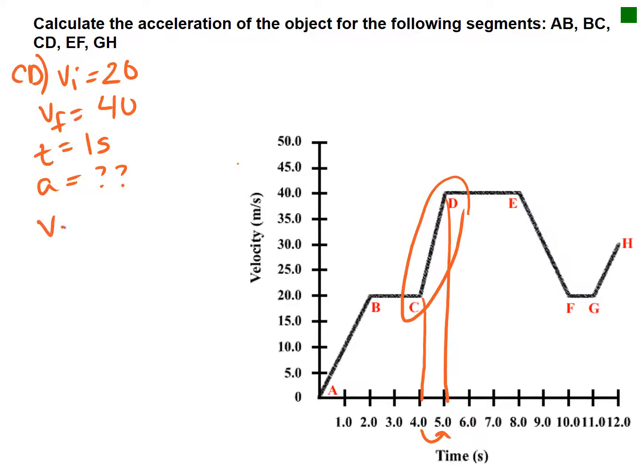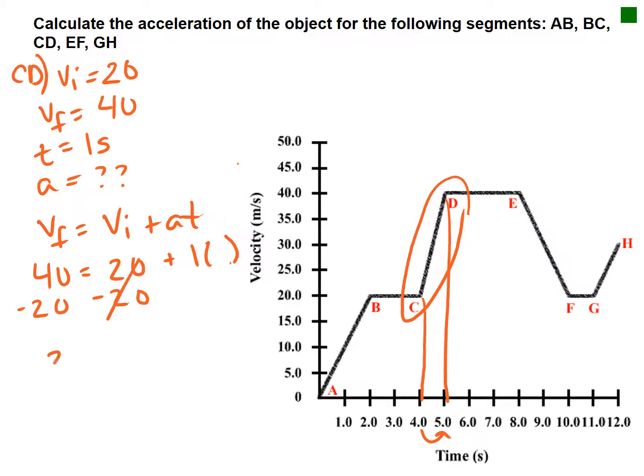So VF equals VI plus AT. VF is 40, VI is 20, plus 1A. Subtract 20 from both sides, and we have 20 equals 1A. I don't want to solve for T, I want to solve for A. So A is 20 meters per second squared.